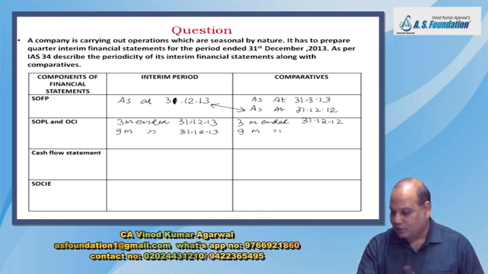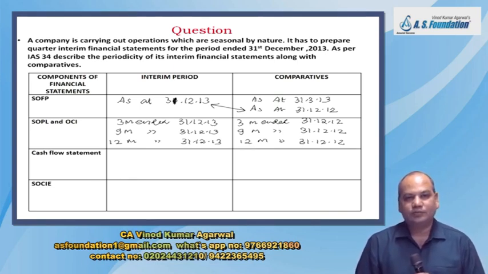Its comparison will be 9 months ended 31/12/12. And if it is a seasonal operation, we can give a 12 months P&L account also. 12 months ended 31/12/13 and 12 months ended 31/12/12.